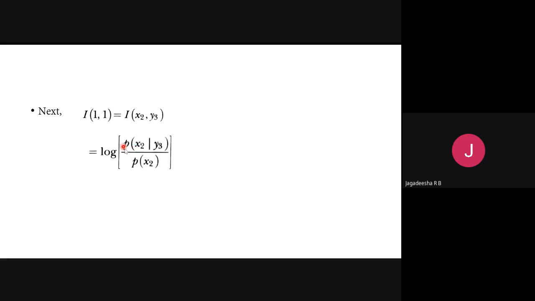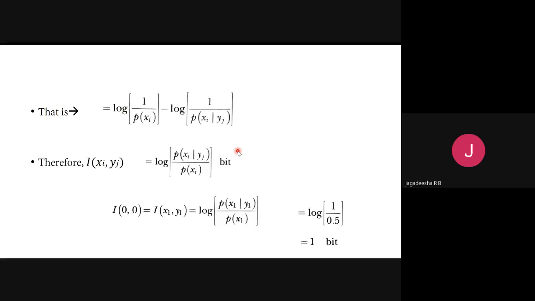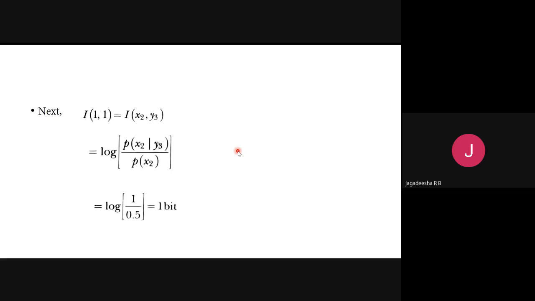Okay, so we use the general equation that we have derived, that is log of P(x2|y3) divided by the input probability. So we know this term x2 y3. This is from the P(x|y) matrix. If you need, again I can go back and show you here. In the matrix, we are interested in this x2 y3. So that value is 1, right? Yes. So where is that? That is here.